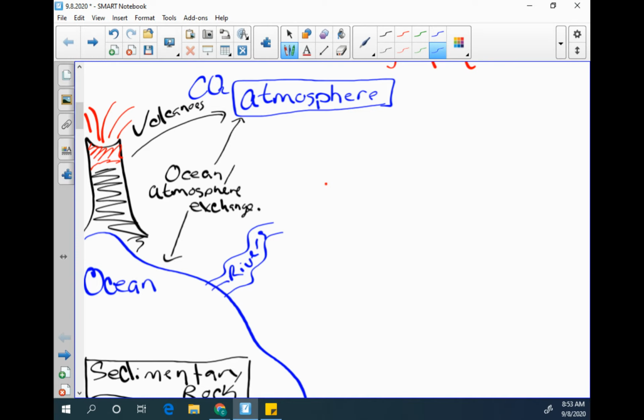Rivers can release carbon dioxide into the ocean through runoff and something called weathering.